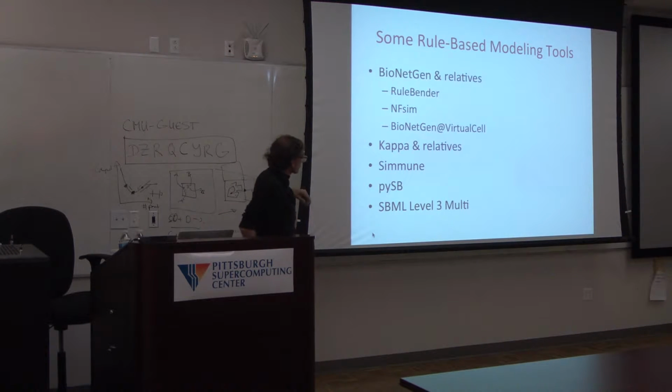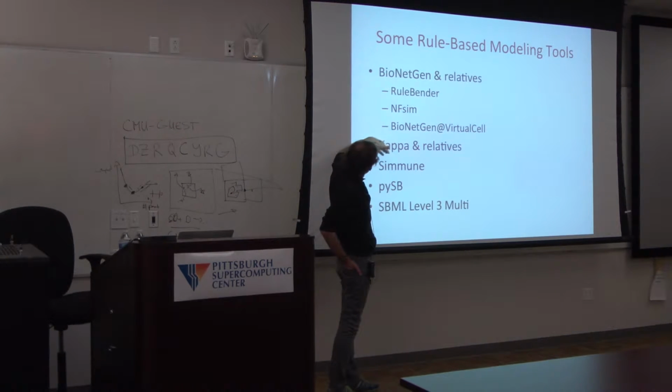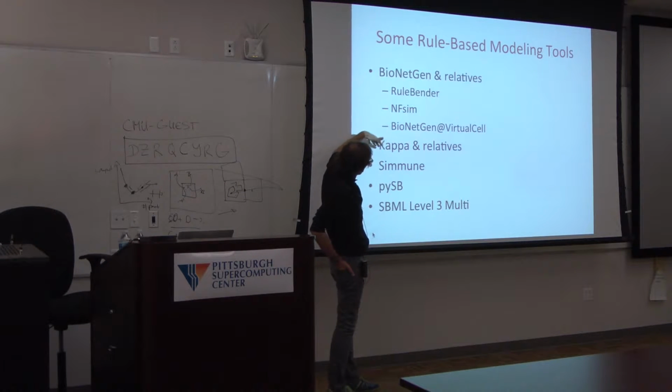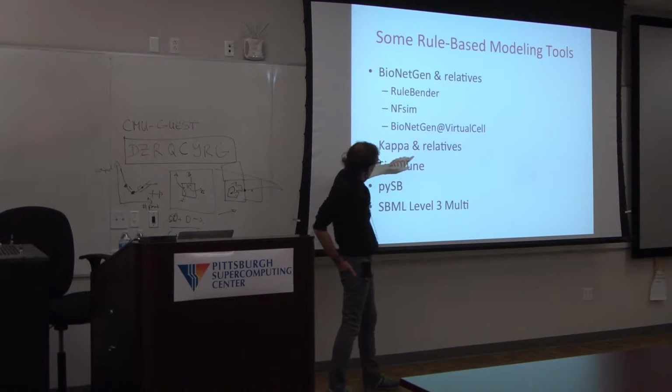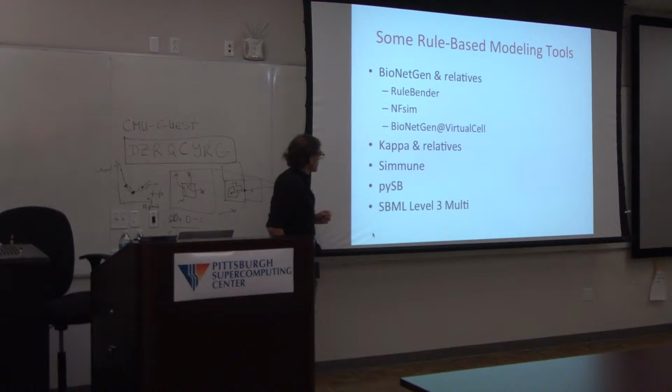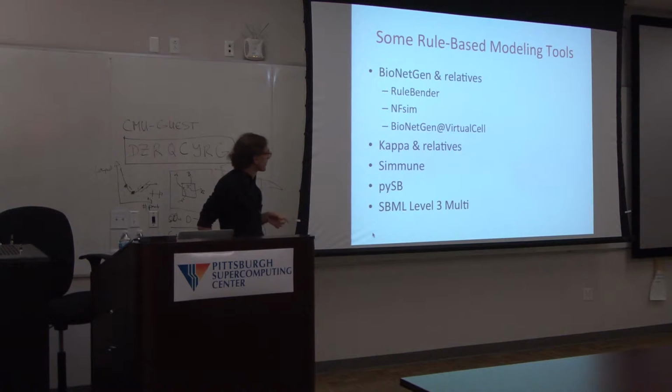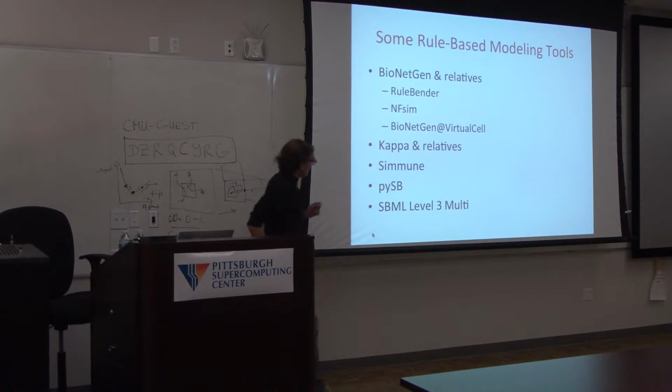And then on the other side, in terms of other languages, the Kappa language is a very close cousin of BioNetGen, and there are a number of simulation tools related to Kappa that you can find on the web as well.